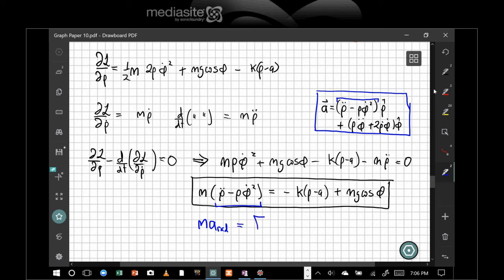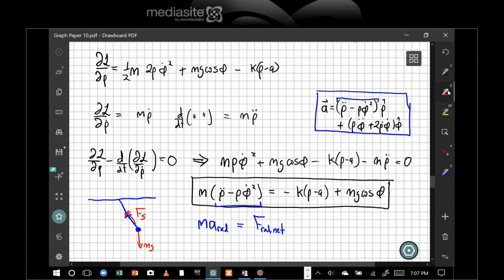And what is it equal to? It's equal to the radial component of the net force. And there are two. Think about my springy pendulum. The forces that act on it are gravity, mg, and a spring force.